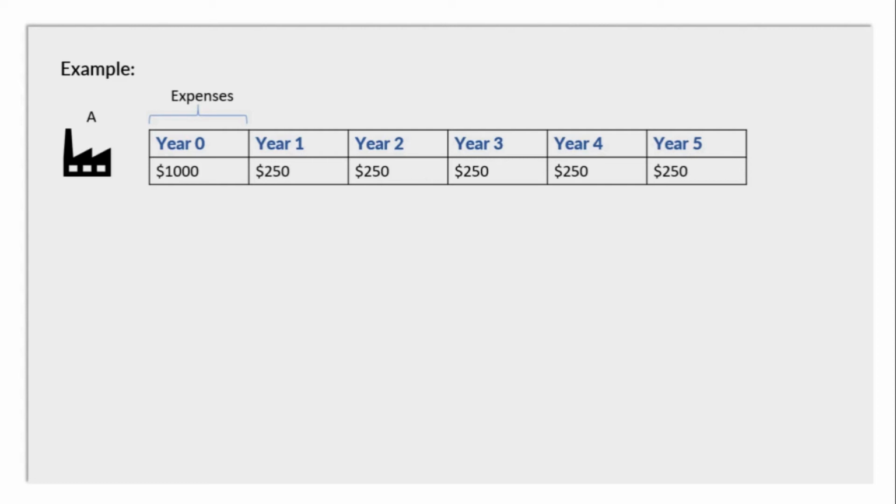So how do we know if the project is beneficial? We can subtract the expenses from the income to know what is the profit. But wait, we can subtract it, but we won't get the true result because the $1,000 expense is in the present value, but all the $250 which we are generating as incomes are future values.